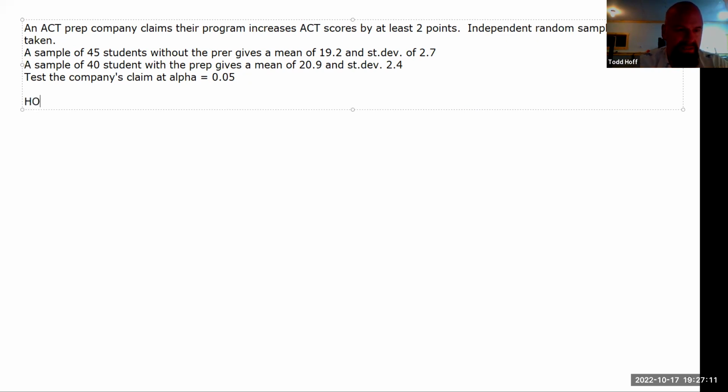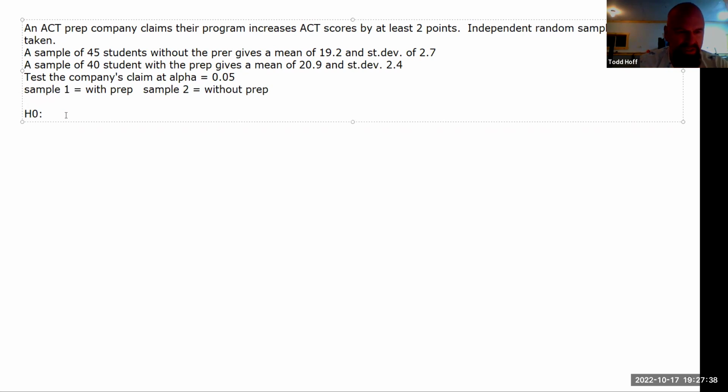The null hypothesis, H0. Well, first we should define our populations here. So I'm going to let mu1 be sample 1, those with the prep, and sample 2 be those without prep.